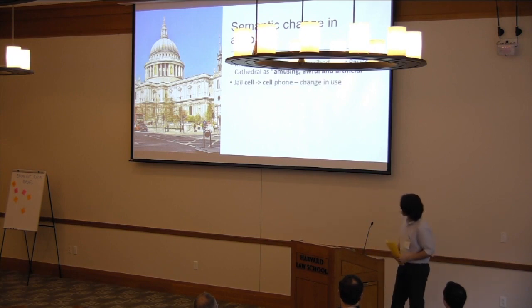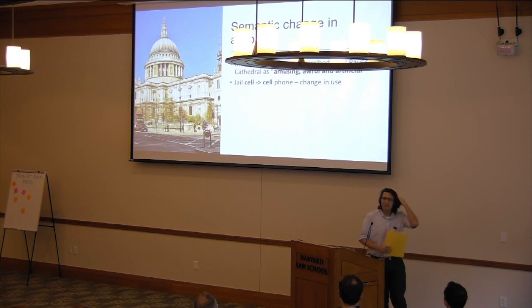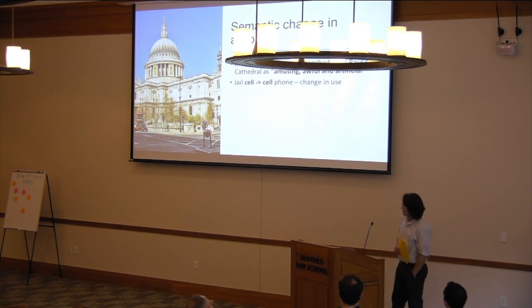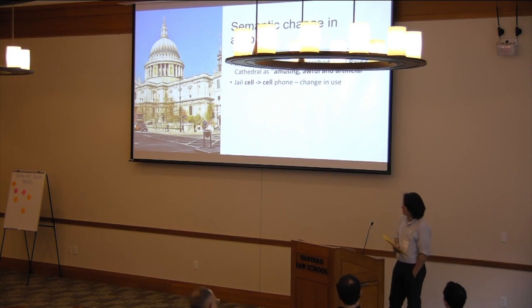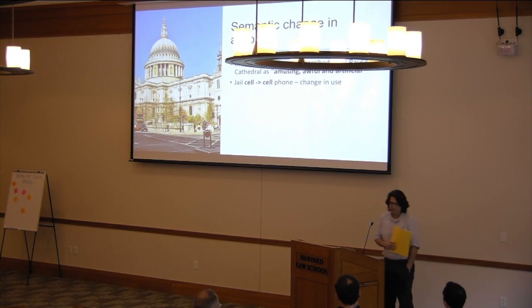Now, there's also other types of change in historical linguistics, things like the word cell, right? Jail cell used to be a common reference to a place to hold some person. Well, the meaning of cell did not change, but it expanded. It included things like cell phones and so on.